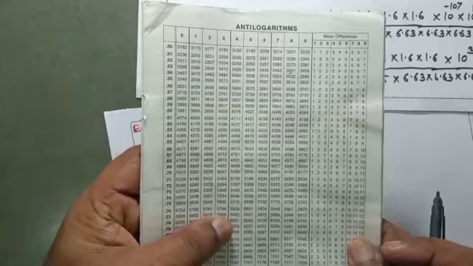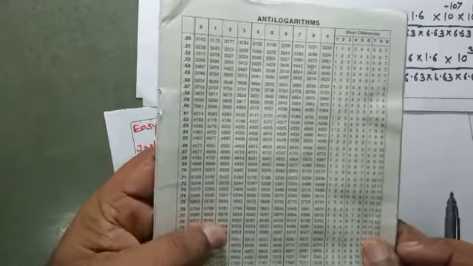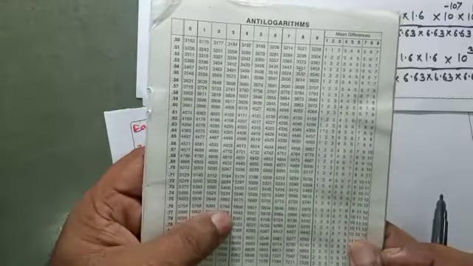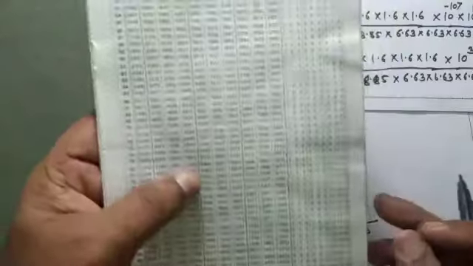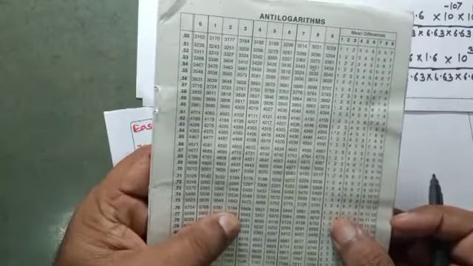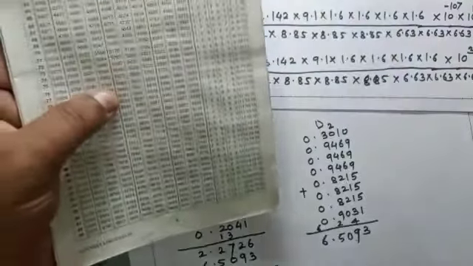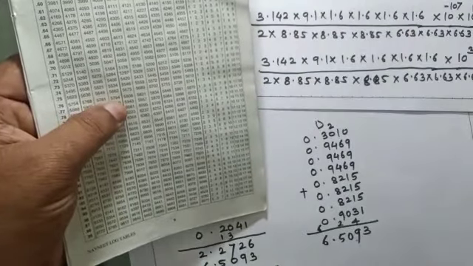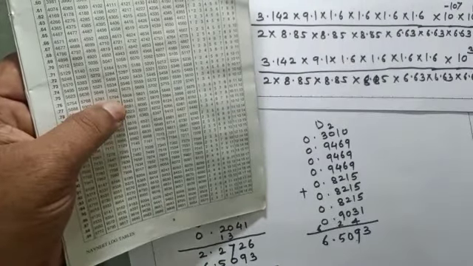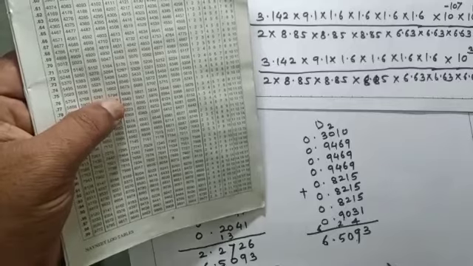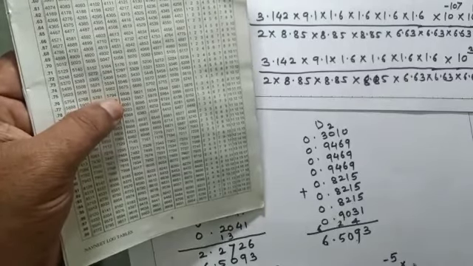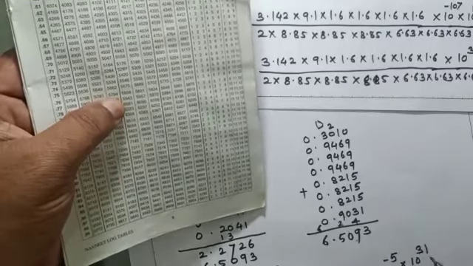5794 and mean difference 998. So it will be 5.798 into 10 to the power minus 5 into 10 to the power 31.